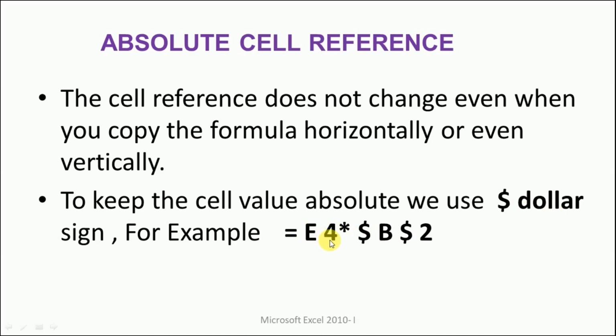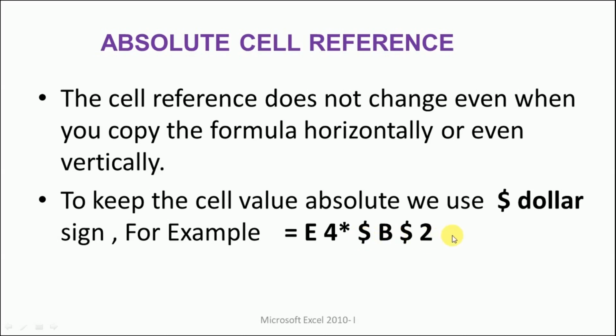So this is E4 into B2. But the value of the B2 cell will remain fixed, right? Now, when I copy the formula horizontally or vertically, this cell reference will automatically change, but this part will remain fixed.